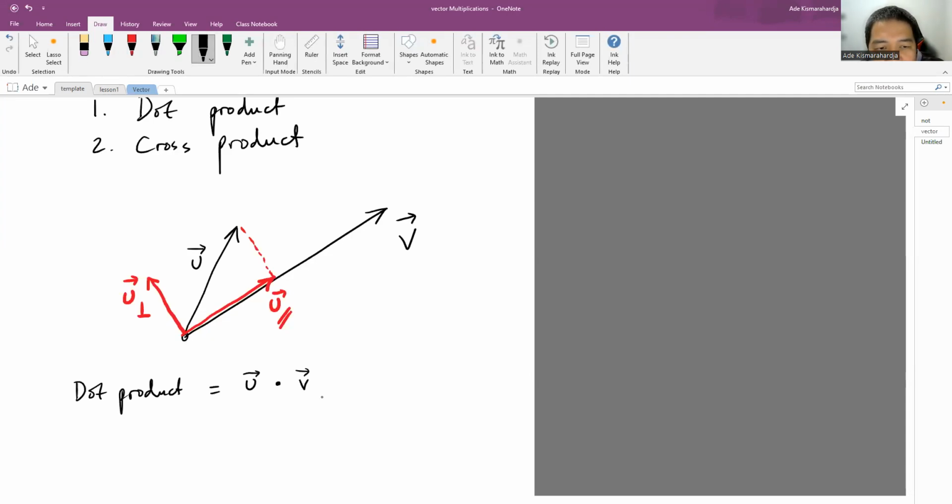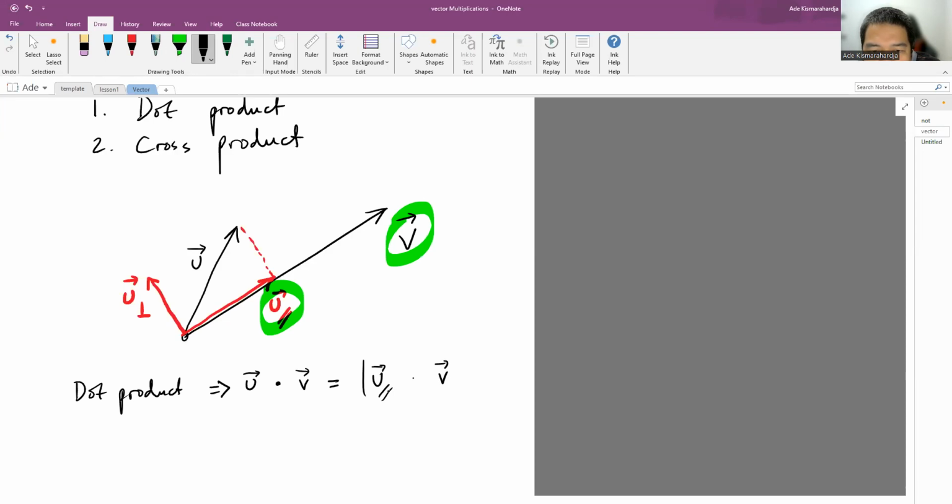So this is how we write down u dot v. So essentially, this is the multiplication between the parallel component with v. So you have now u parallel times v.